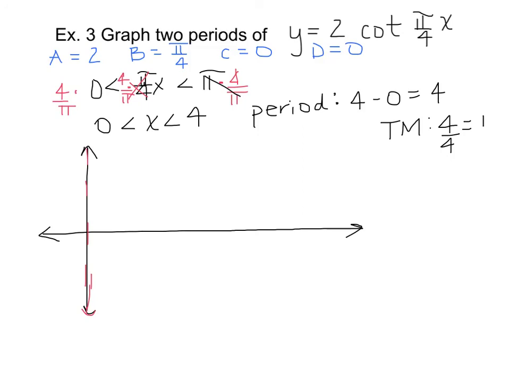So 0, 1, 2, 3, 4. And then 5, 6, 7, 8. So when you draw your asymptotes, you should have 3 tick marks in between them.